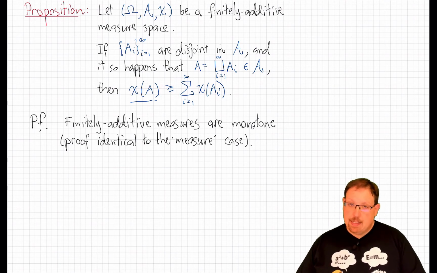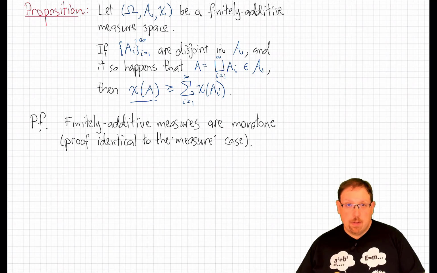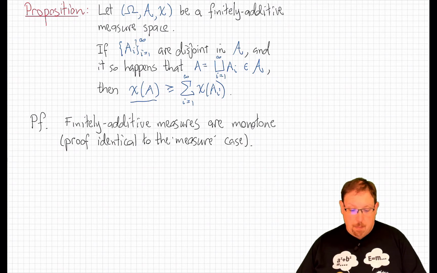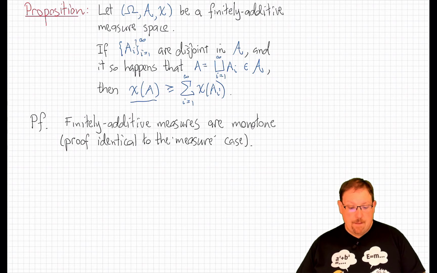Now, why is that? Well, let's recall from last lecture that we proved that measures are monotone. If you look back at the proof of that, there was nothing about countable additivity used there. And by exactly the same proof, finitely additive measures are also monotone.